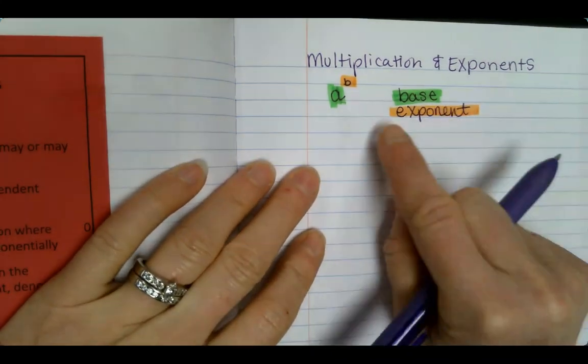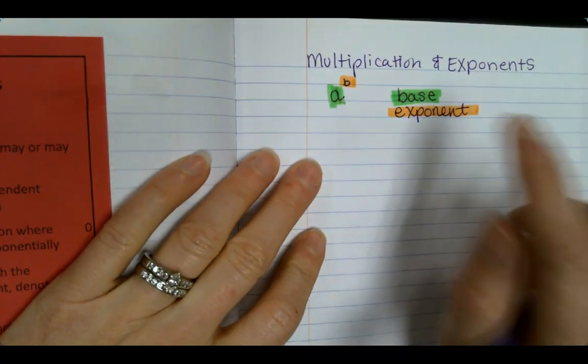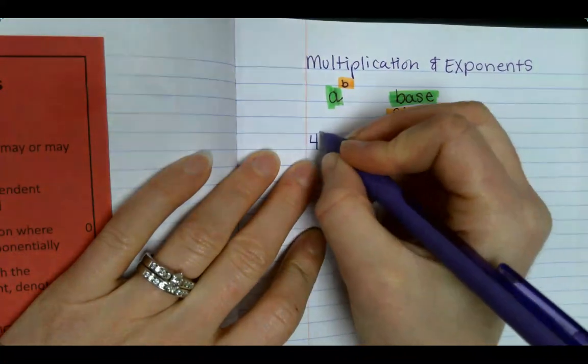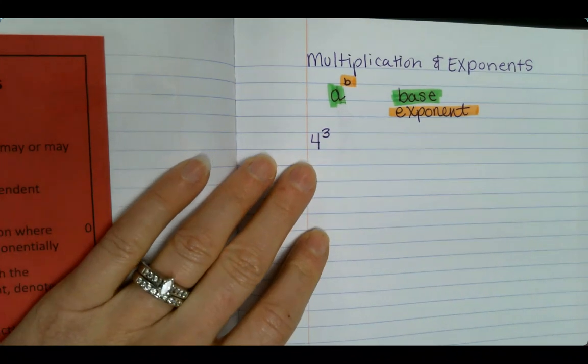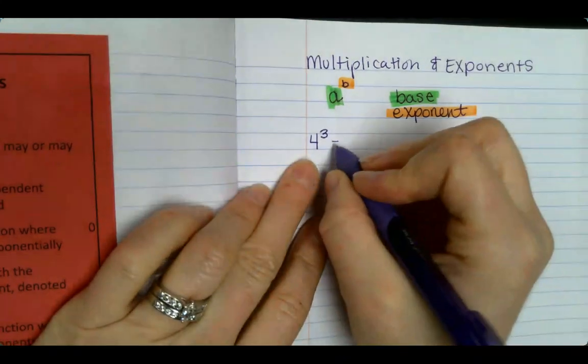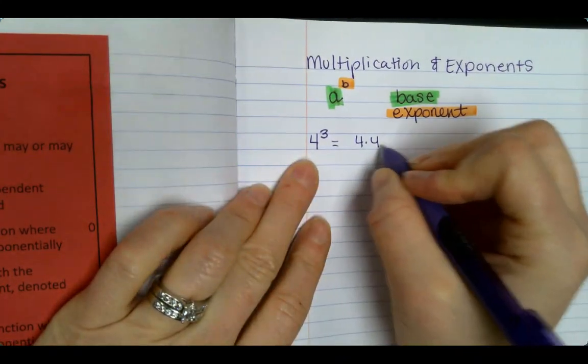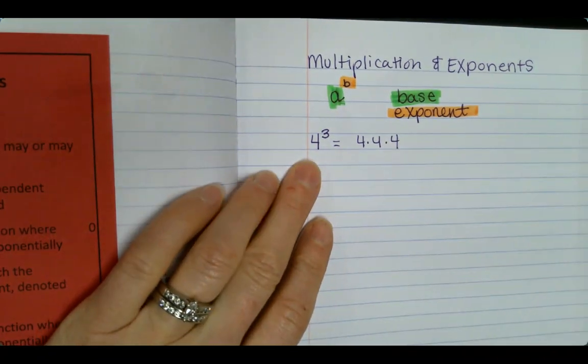All right, so remember with exponents, what it means is repeated multiplication. So if I have 4 to the third, what this means is 4 times 4 times 4, because it's 3 times, repeated multiplication.